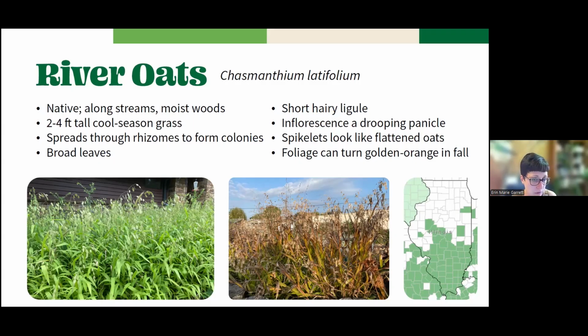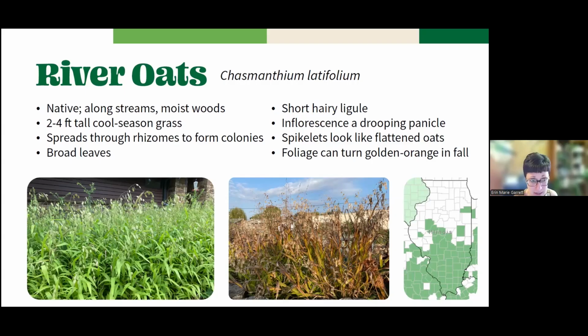Typically stays 2 to 4 feet tall, and it is very aggressive. So you can see it. These pictures are both from planted patches of it, and it spreads like crazy. So if it's something you're thinking about adding to your landscape, definitely make sure it's in an enclosed space or in a pot and that you watch it. But really, really great in its natural habitat.